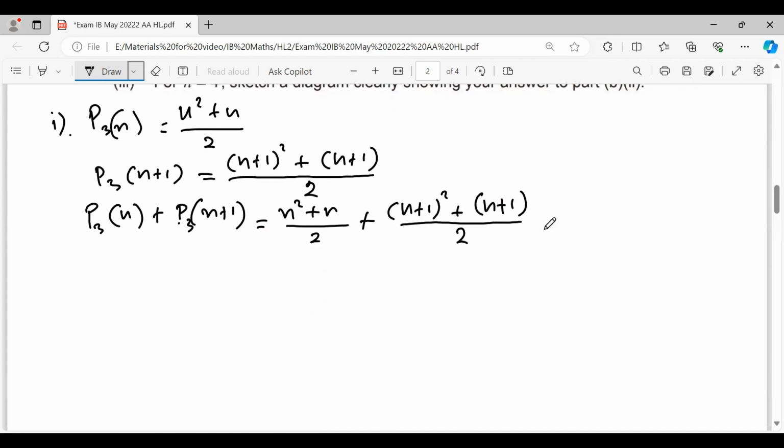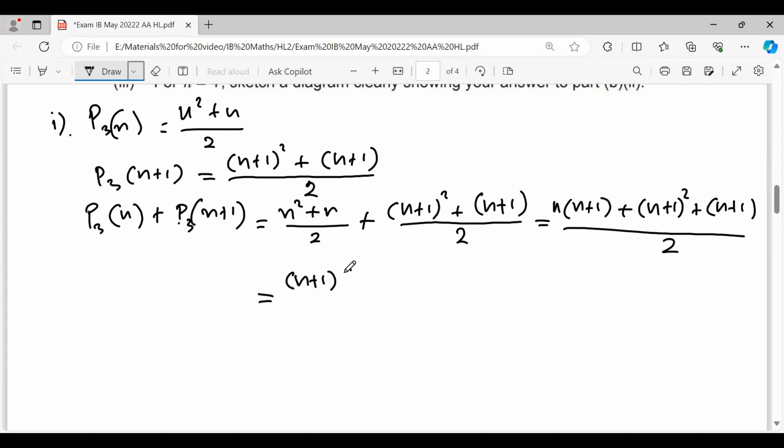So it's going to be the same denominator. So n times (n plus 1) plus (n plus 1) squared plus (n plus 1) over 2 will be factorized: (n plus 1) times (n plus (n plus 1) plus 1) over 2.